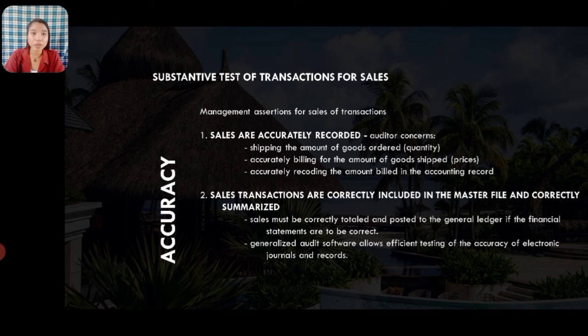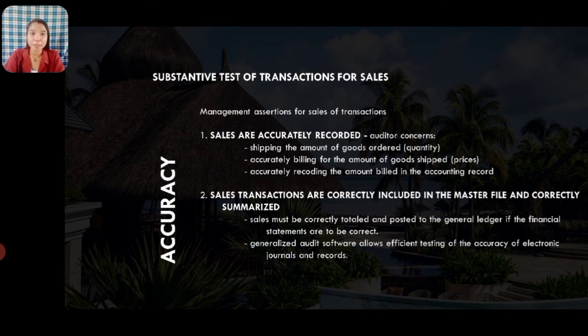And the second one, sales transactions are correctly included in the master file and correctly summarized. So the sales must be correctly totaled and posted to the general ledger if the financial statements are to be correct. And the second one is generalized audit software, which allows efficient testing of the accuracy of electronic journals and records.